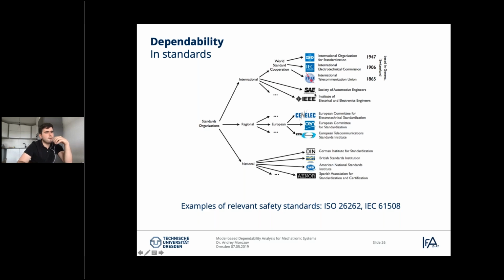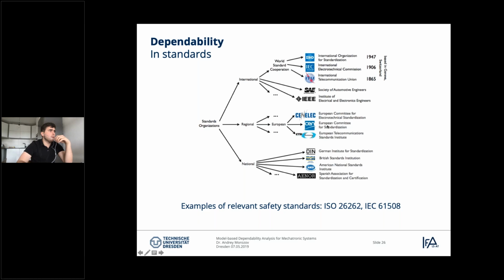These guys basically developed the general standards. Then there are also standardization organizations depending on the communities, for example, the Society of Automotive Engineers or IEEE, the Institute of Electrical and Electronics Engineers. Then there are some regional communities. For example, there are European communities, and there are also communities in Asia, in the US, in Russia, in the former USSR and stuff like this.